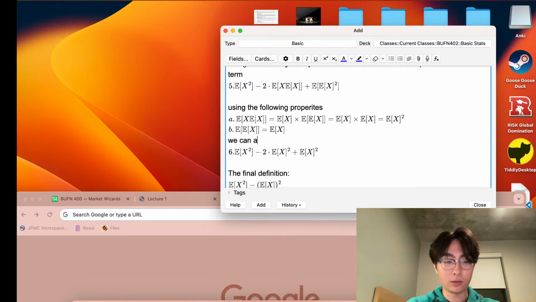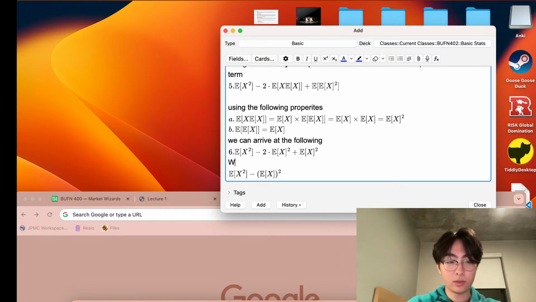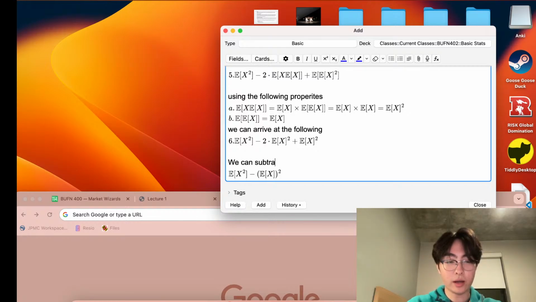We can arrive at the following. So the final, we can subtract the element, we can subtract and get the following.